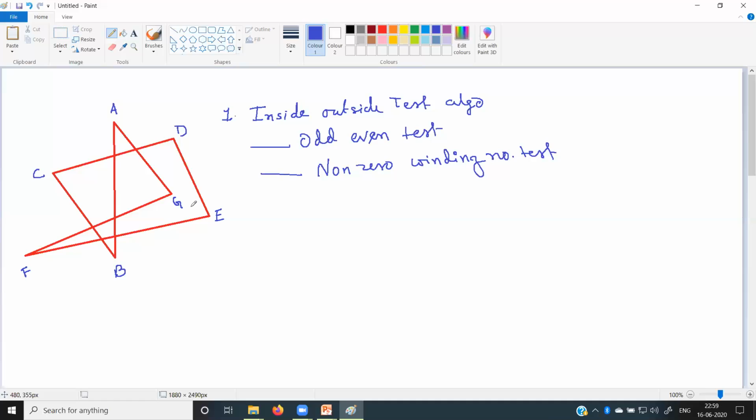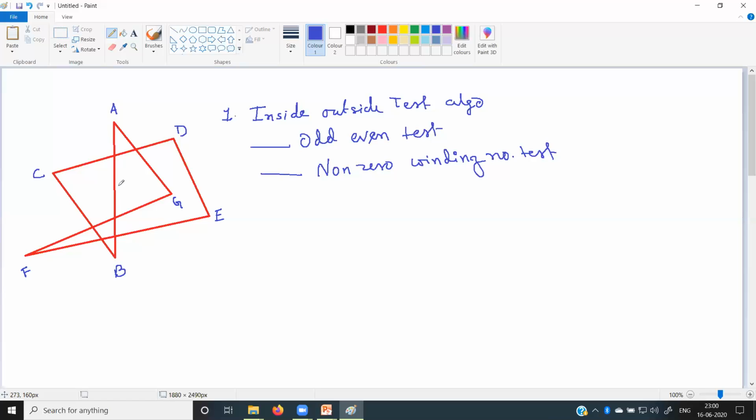In this way, I just put the names of the different vertices. They are the vertices A, B, C, D, E, F, G. So there are 7 vertices. After that, I will put some arrows to indicate the order in which I am moving, so that it will be easy for you to understand.